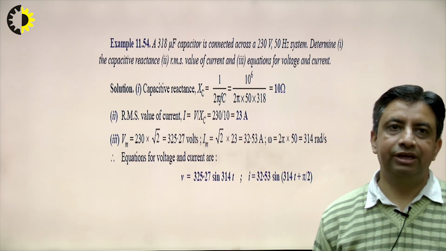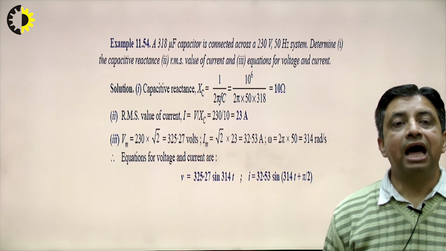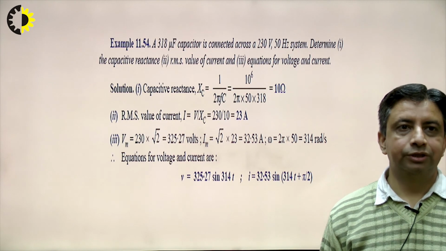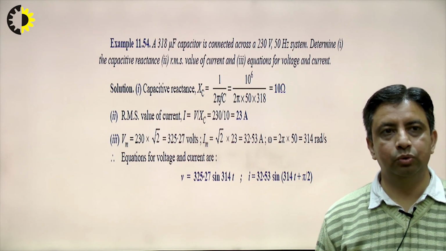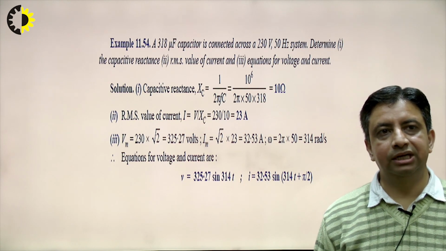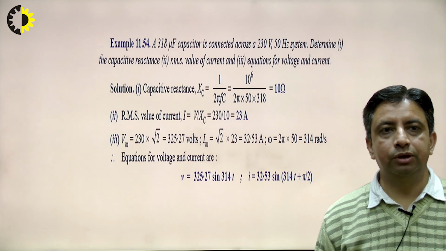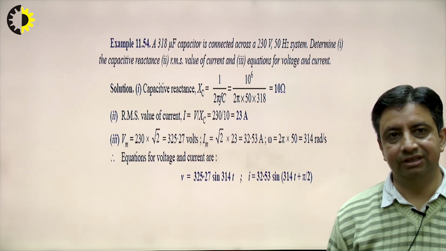For the equation for voltage and current, we know that V equals Vm sin omega t and I equals Im sin(omega t plus pi by 2). We find the value of Vm, that is 230 root 2, which comes out to be 325.27 volt, and Im comes out to be root 2 into 23, that is 32.53 ampere.